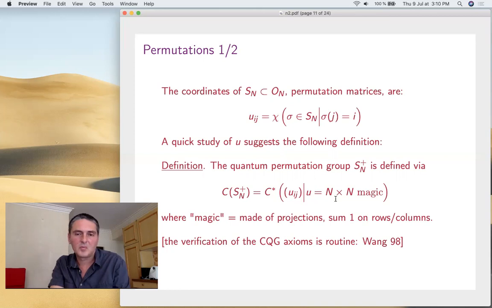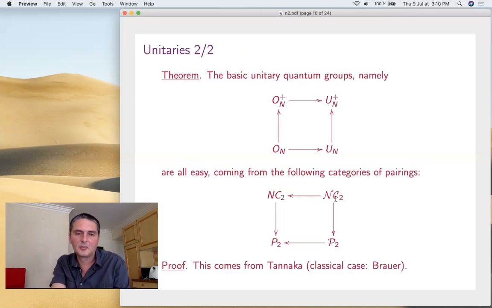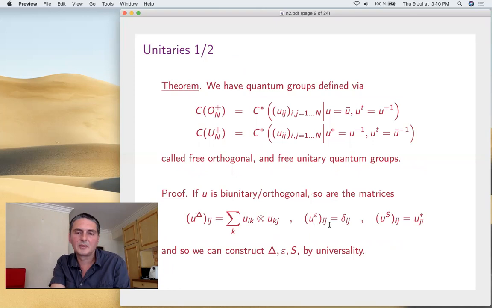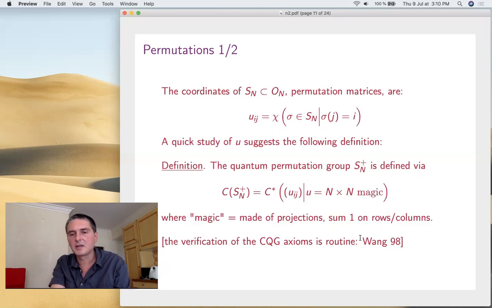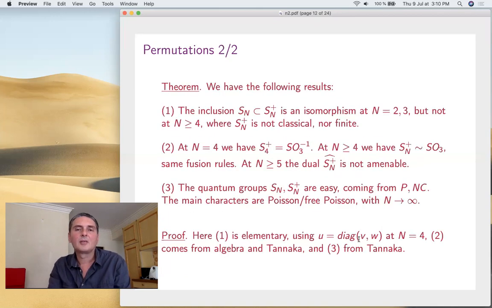So once again, as before, if your matrix is magic, these three guys here are magic too, so I get my delta, epsilon, S. The axioms are satisfied.